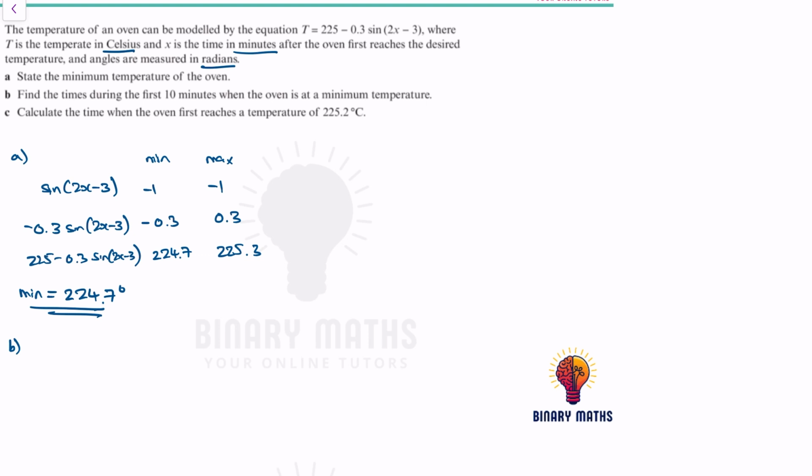B, find the times during the first 10 minutes where the oven is at a minimum temperature. So if it's a minimum temperature, that means I need to equate the equation, which is 225 minus 0.3 sine of 2x minus 3, to 224.7.